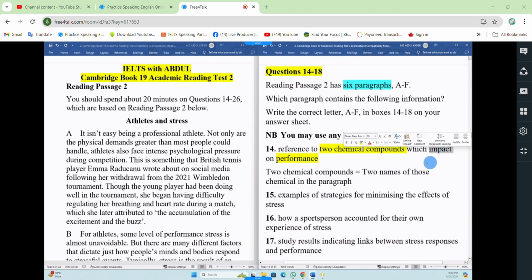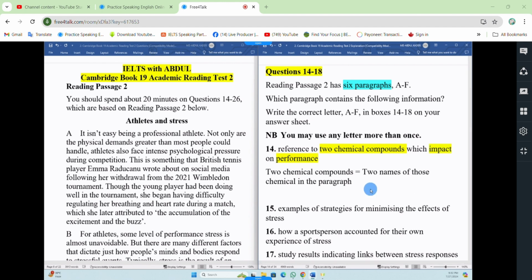And the second word we should consider is impact. So instead of impact, what kind of words will we have? Effect, yes, you are right. You are absolutely right. We can get these words from the paragraph.